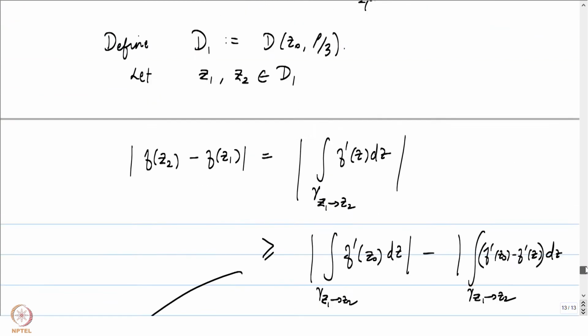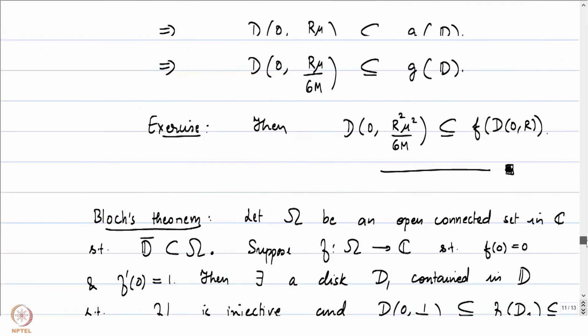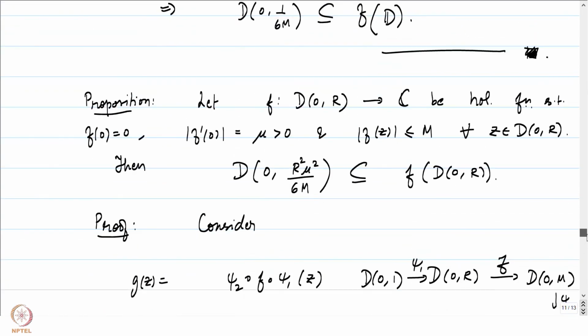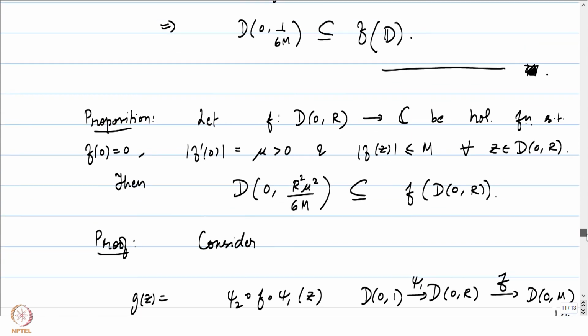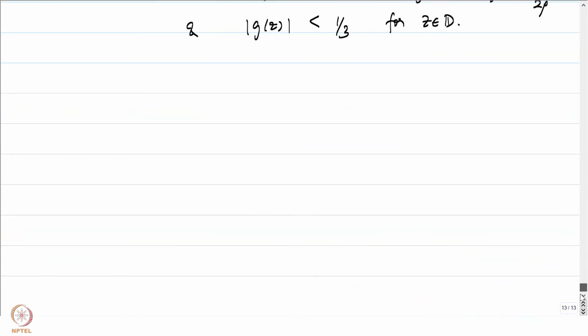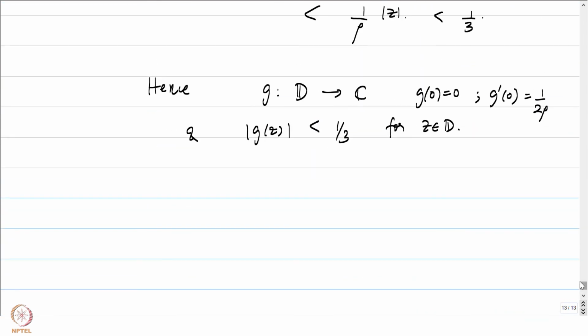Let's now go up to the previous theorem. What does the previous theorem tell us? The previous theorem tells us that D0 r square mu square by 6m is contained in D0 r. Yeah, this is a slight mistake. This is from D0 rho by 3. So this tells us that D0, what is r square here?